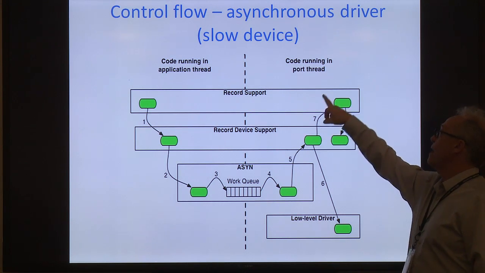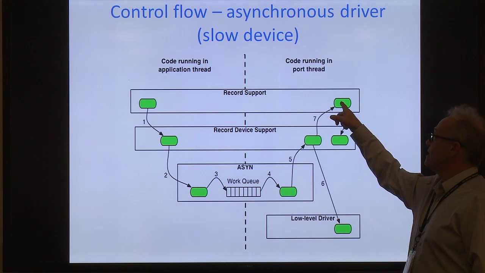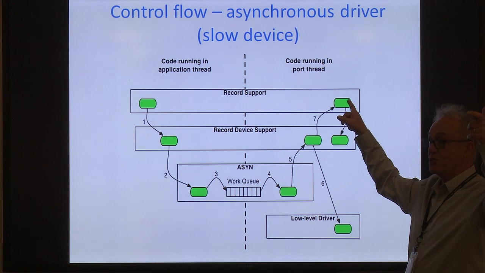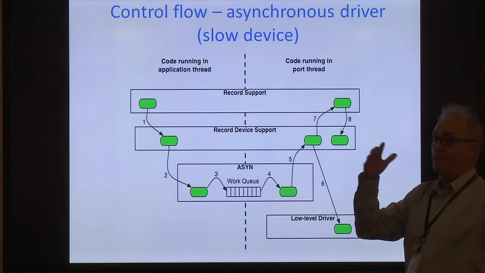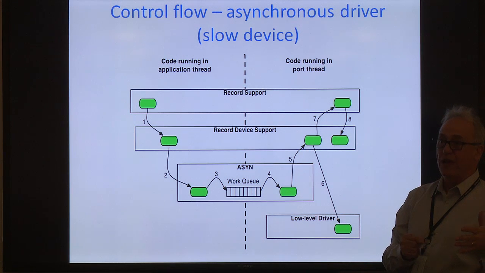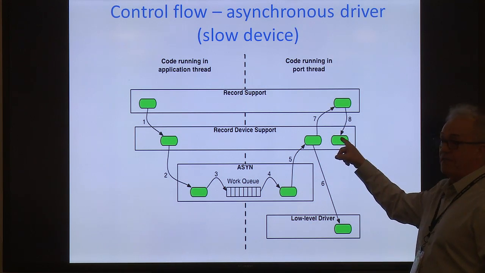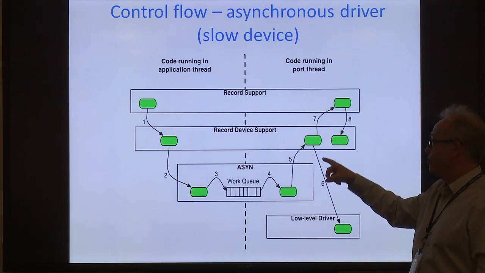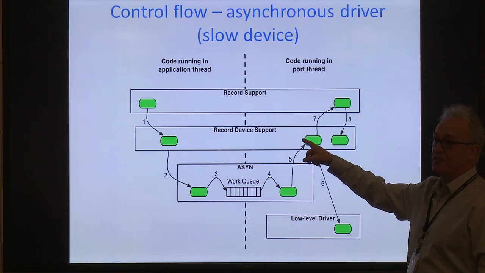So now EPICS will come in and process the record. When the record processes and sees that pact is true, it says, oh, I'm in the middle of an I/O operation. I've started an I/O operation, but now I have to actually go get the data. So now it calls device support again, which also recognizes that pact is true, and has cached the I/O.